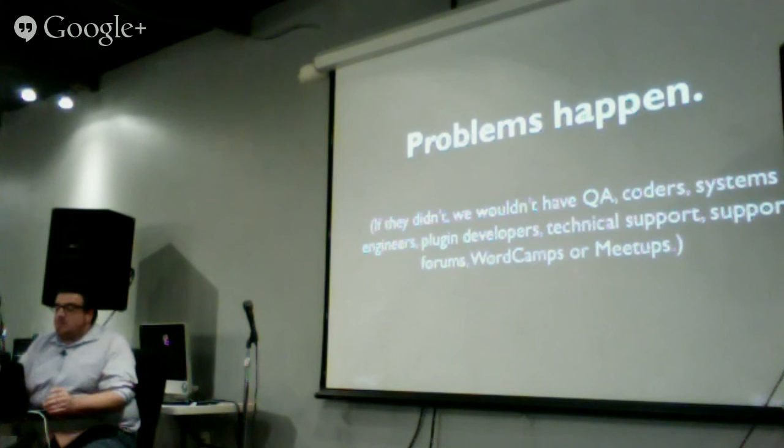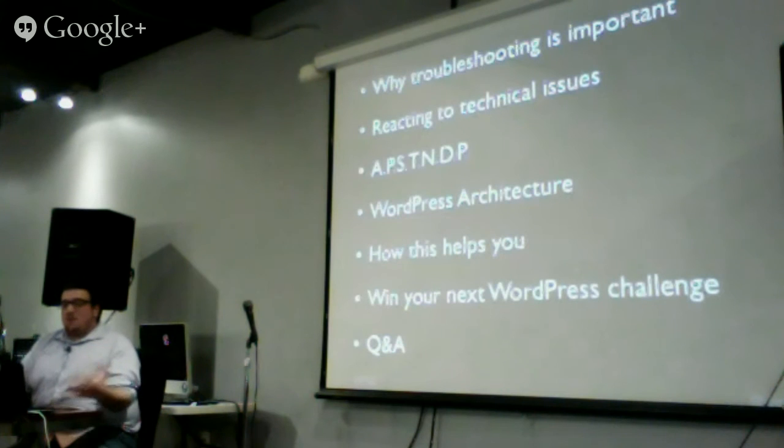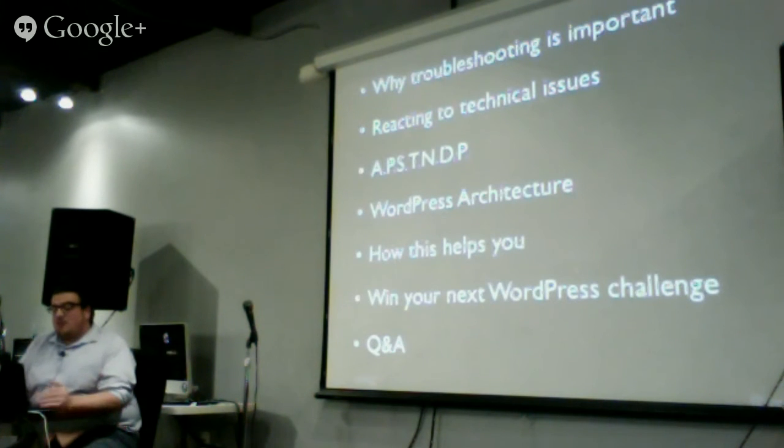So the rest of this presentation is going to talk about a few different topics. Obviously, an introduction to why troubleshooting in itself is important. How to react whenever you do have a technical issue, even on a production website. We'll get into that in a second.